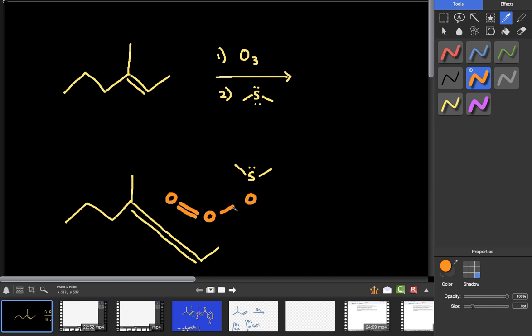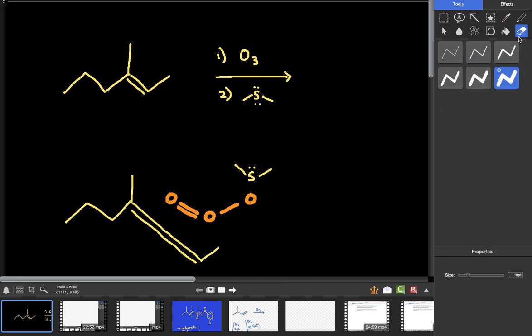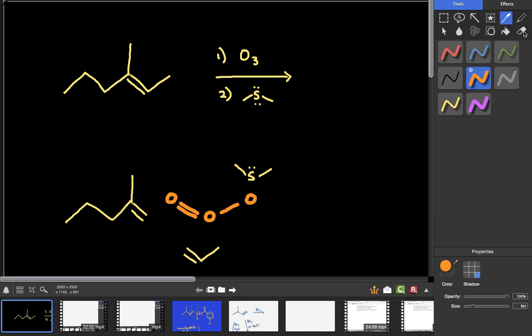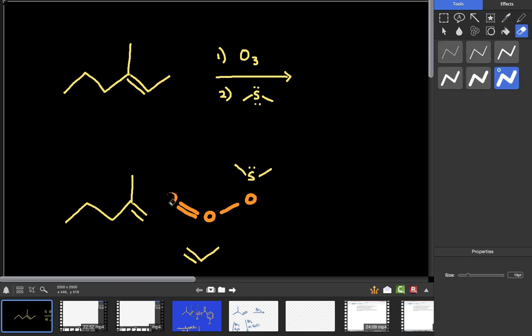Now ozone has the following structure, and of course it's resonance stabilized. But just in terms of how the bonds are made, I'm going to break a carbon-carbon double bond, and those are going to be replaced with carbon-oxygen double bonds.